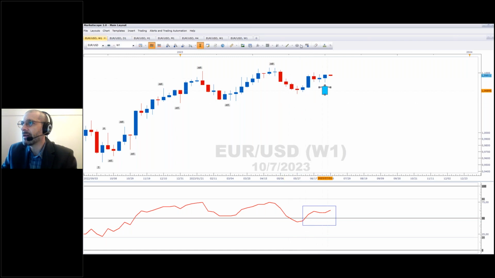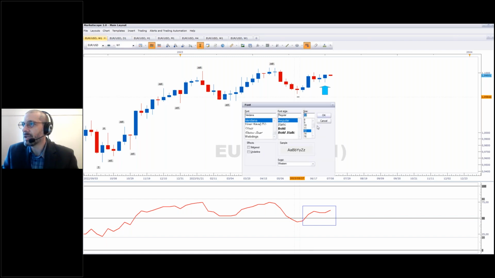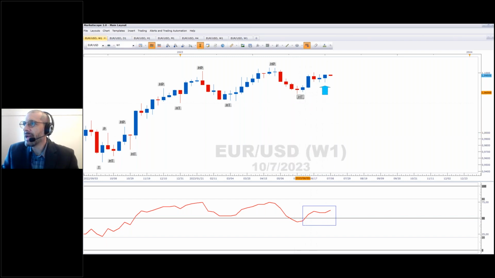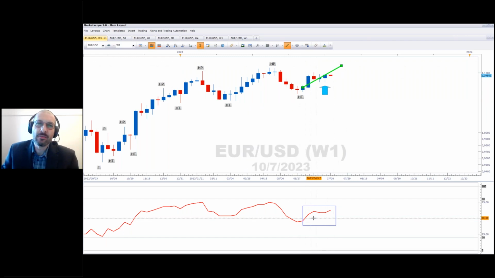What we can do is put in the HT there, so higher trough. Let's just make this a little bigger. I'll make it 12. So perhaps the higher trough here leading into some sort of movement. You can see that the RSI is on the bullish side, isn't it?